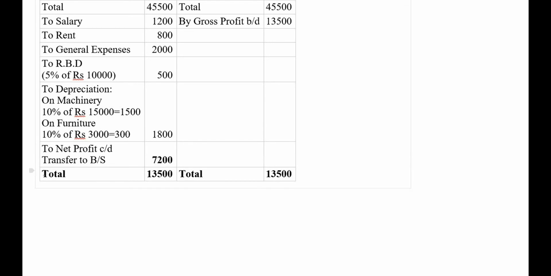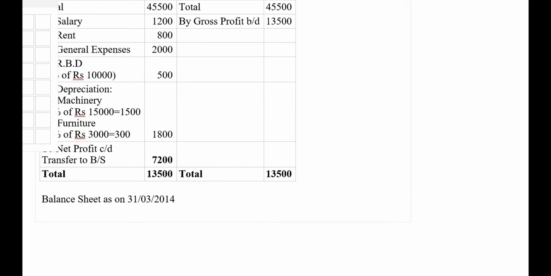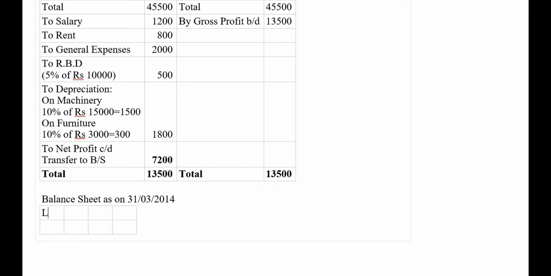The next one comes here, preparation of balance sheet as on 31/3/2014. So let me insert a table here. Liabilities rupees, assets rupees. So let us have capital here.